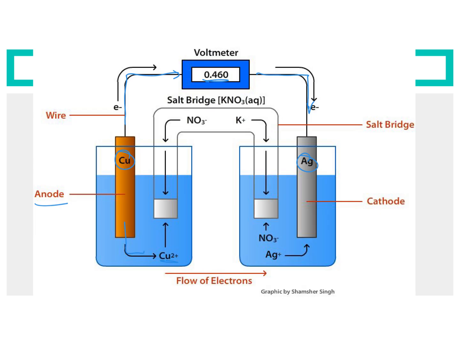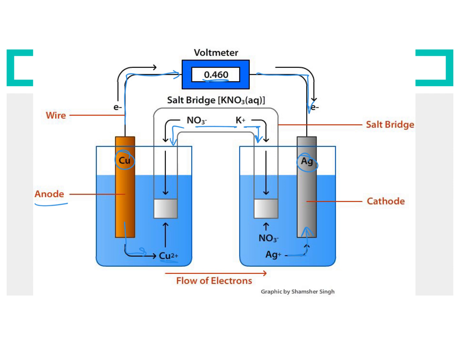This solution will produce copper 2+, and the Ag plus in solution will go towards that metal. And of course, our salt bridge will send negative ions, in this case NO3 minus, into the anode, and positive K plus into our cathode. And essentially, this is how your electrochemical cell will look.